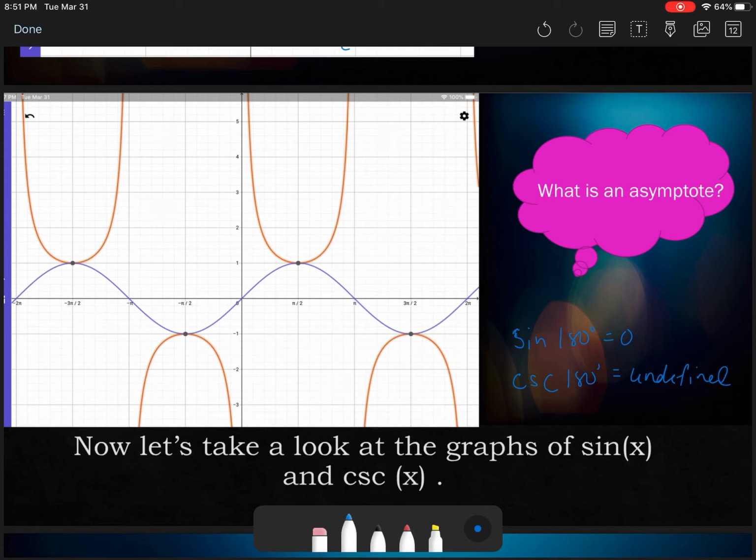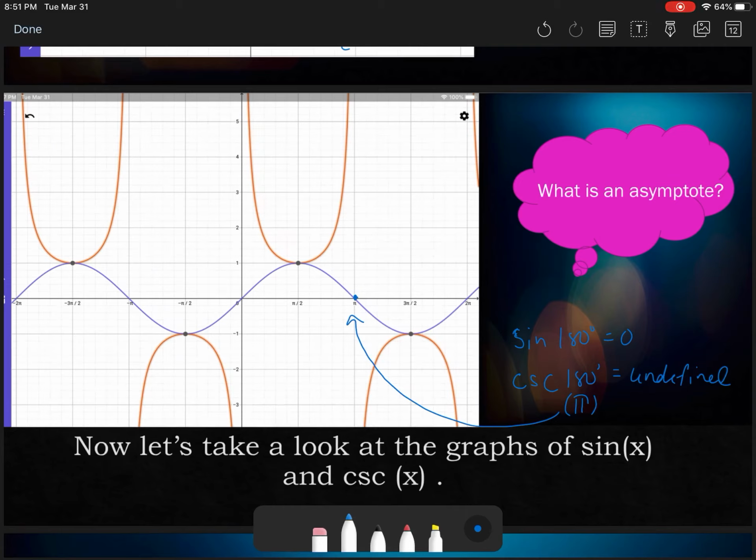That means that there is no point at 180 degrees, and remember, 180 degrees is pi. So on the graph, we have a point here for sine, right? Sine of 180 is 0. But we don't have a point on the cosecant graph because it's undefined at that point.